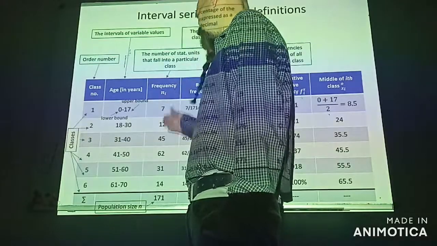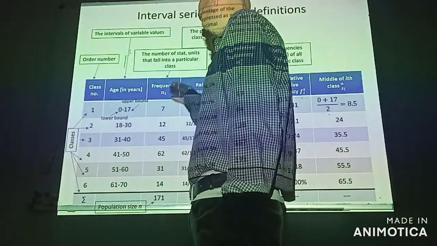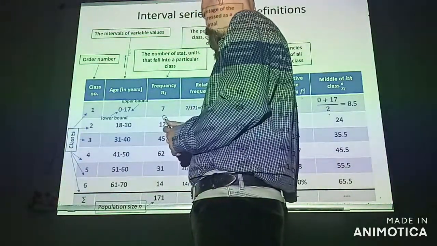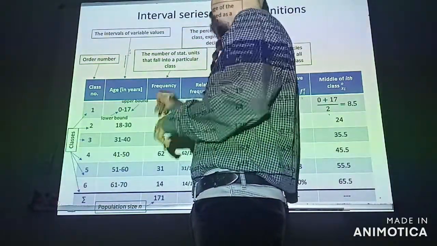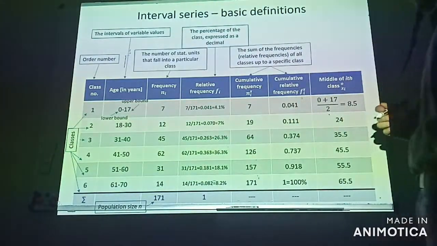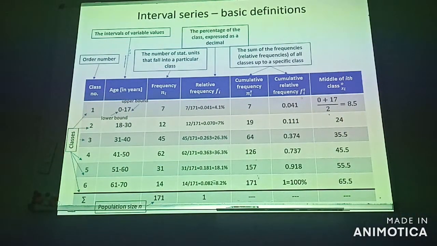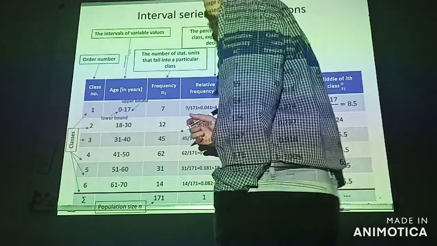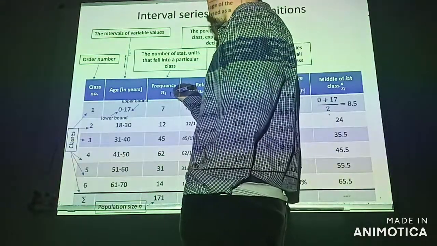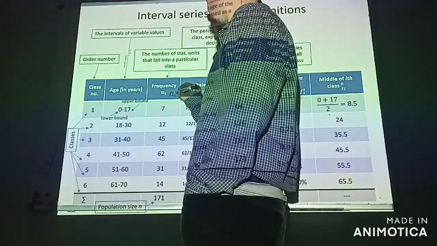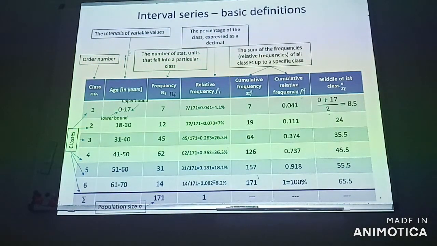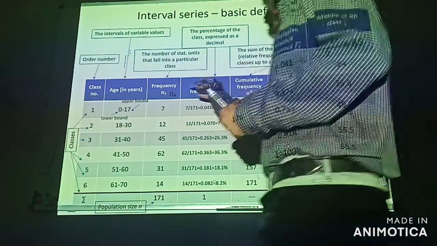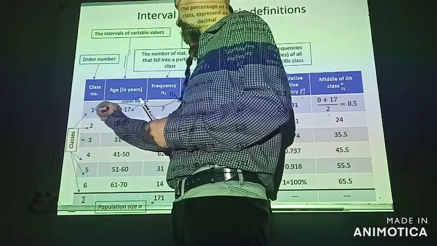The next information that we have here is frequency. Frequency is the number of statistical units that fall into a particular class. We use the symbol Ni when we talk about the frequency, in which i refers to the number of the class.